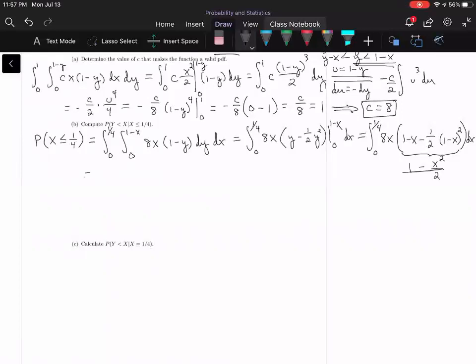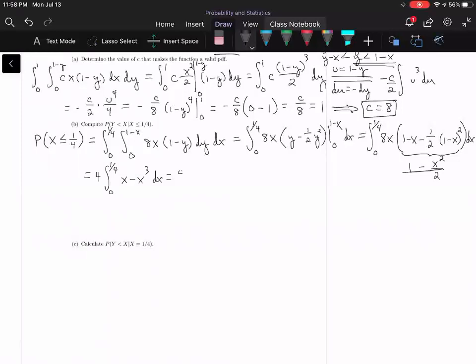And so that becomes, let's see, that 8 can be divided by the 2, and I'm going to bring that out as 4 times the integral 0 to 1/4 of x minus x cubed dx.